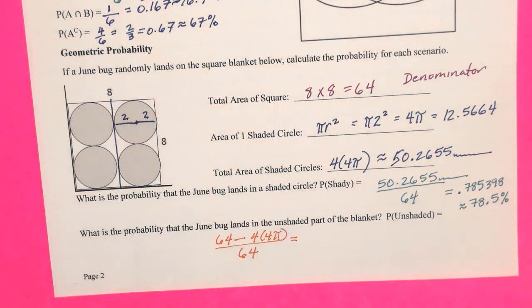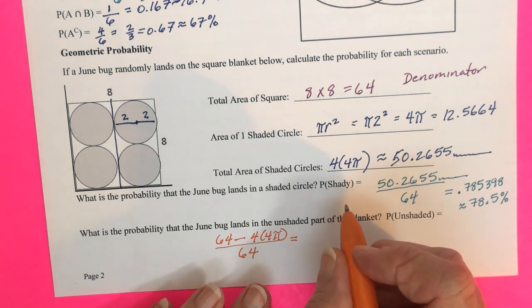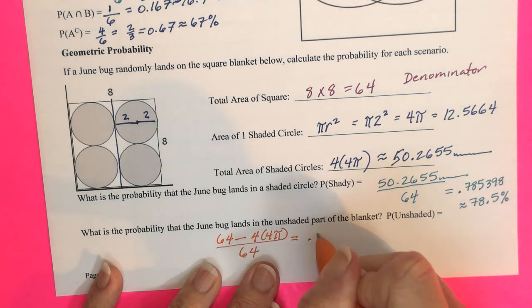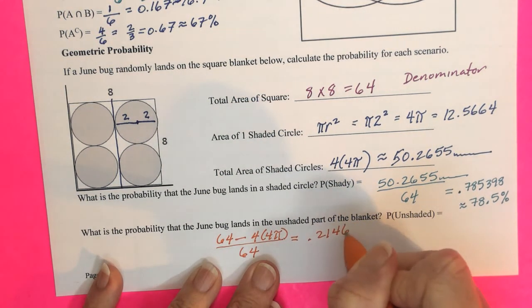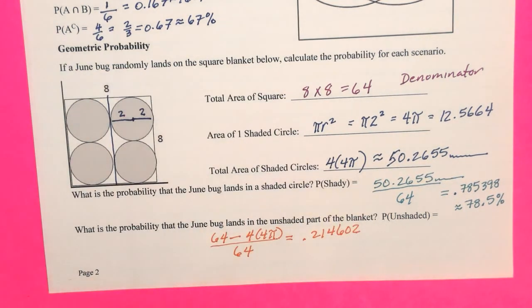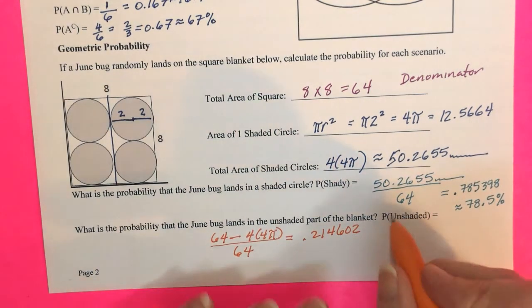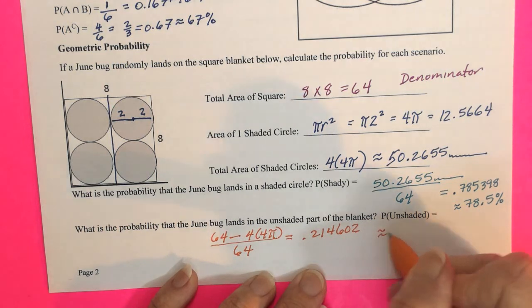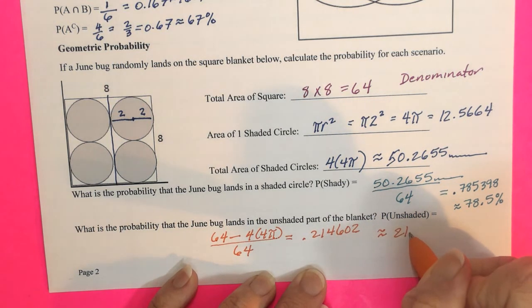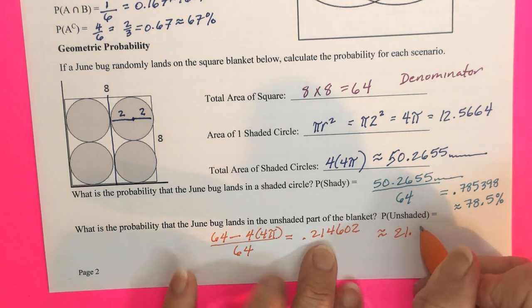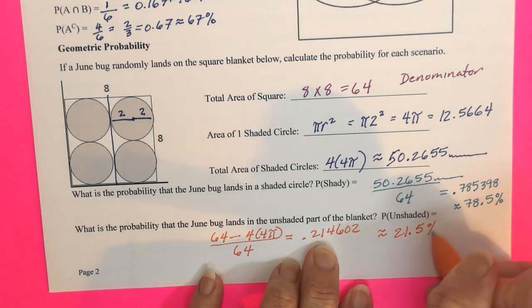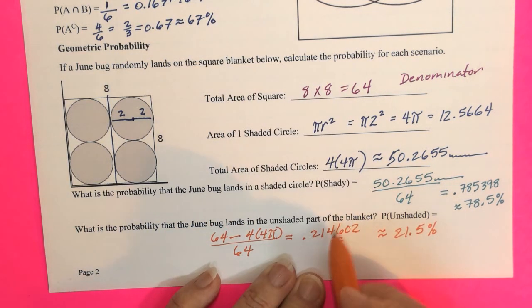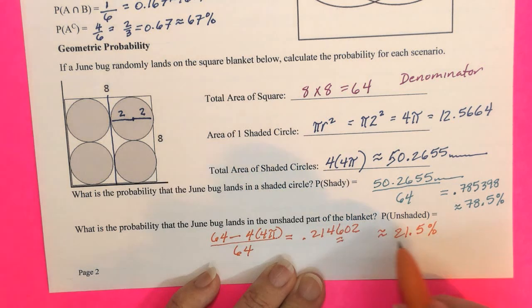And when you put all of that in the calculator, you should get 0.21462, depending on how many decimal places your calculator goes. When you multiply times 100, you get 21.5%, because you'll look to this 6, since I'm coming to this position here, and it would push it up.